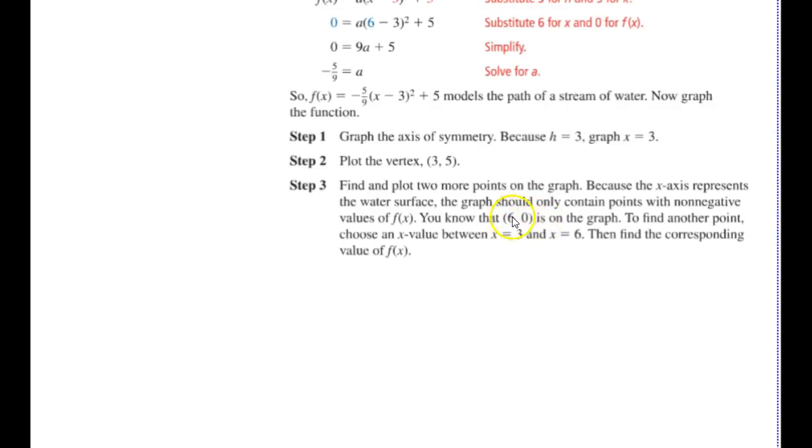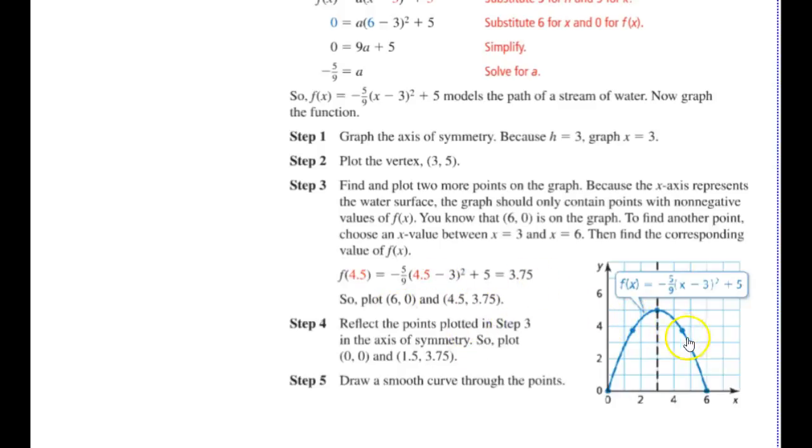Now I want to pick a point between 3 and 6, because those are the 2 x values I have, then find the corresponding value. They picked 4.5, and it doesn't matter which point you pick, it can be anything. So I substitute that in and solve, and now I can plot those points as well, and then reflect it across my axis of symmetry.